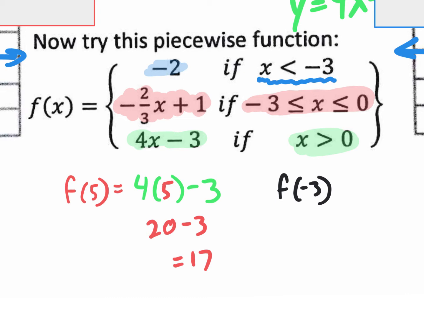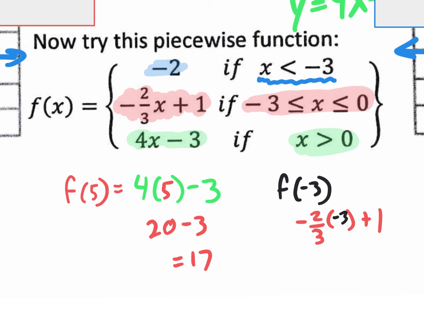Now, I'm going to show some work so I don't mess up. We're going to use the second one. Let me rewrite it to be safe: negative 2/3 x, I put parentheses instead of x, plus 1. I put the parentheses because they want us to plug in a negative 3. That's exactly what I'm going to do.